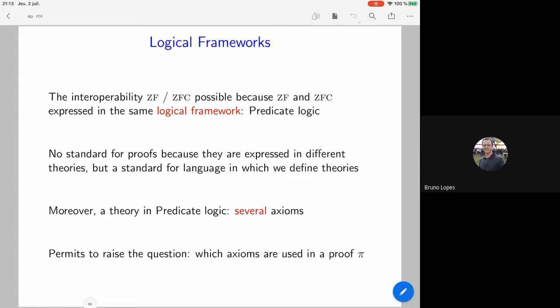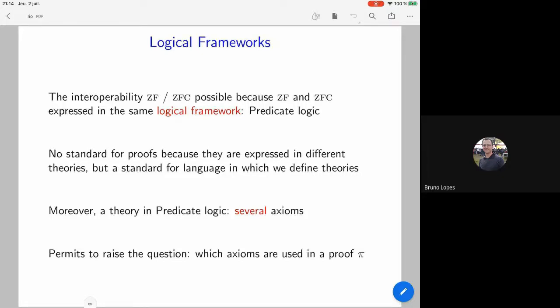And this permits to raise the question, when you have a proof pi, you can ask yourself, which are the axioms that are used in this proof pi? And if, let's say, among the 8 axioms of set theory, only 7 are used, let's say all the axioms except the axiom of choice, then you know that the proof can also be expressed in a different theory, which is a set theory without the axiom of choice.